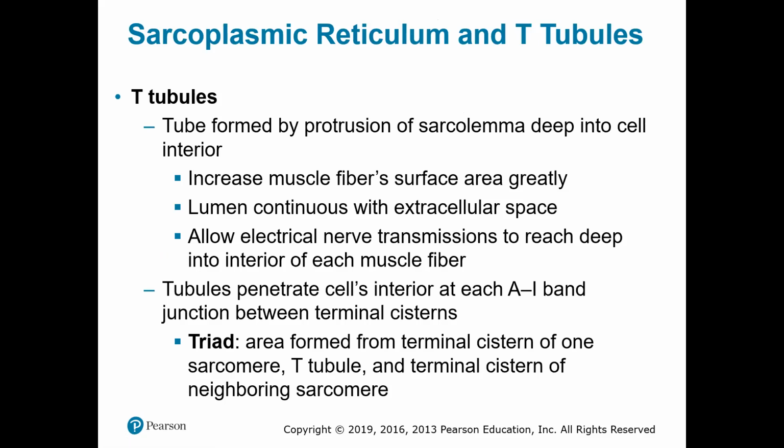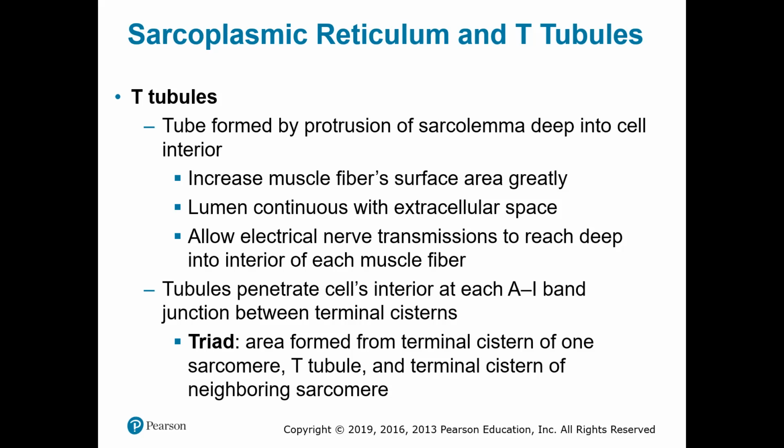Running down through the cell, from the sarcolemma throughout the cell, are a series of tubes or tubules that connect to the surface of the cell and will run down and surround every myofibril at the individual Z lines.